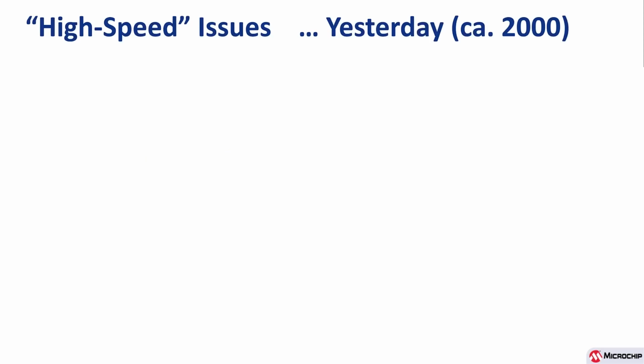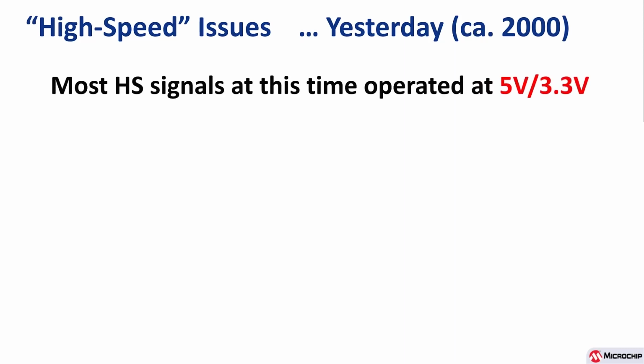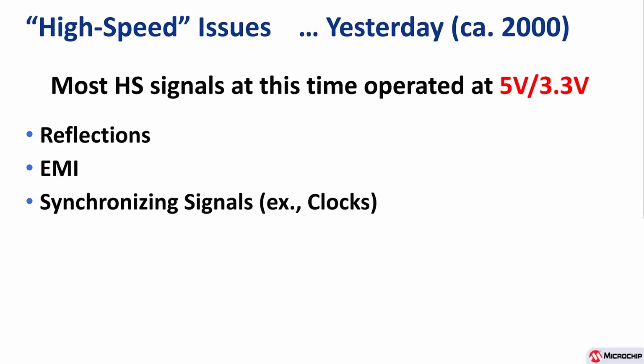Yesterday's high speed issues were around the idea that high speed signals at that time operated with peak-to-peak voltages of between 3 volts and 5 volts. We had to deal with reflections, EMI, synchronizing our signals as clock matching, that kind of thing, and crosstalk.